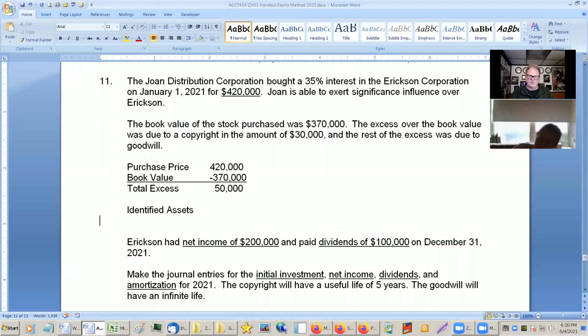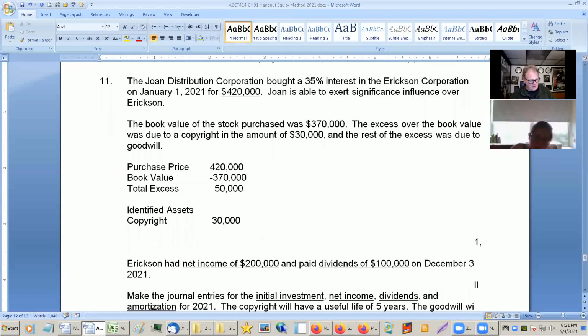They look at them and say, okay, this was worth more money. They know exactly what asset it is. So they have a copyright, 30,000 of it.